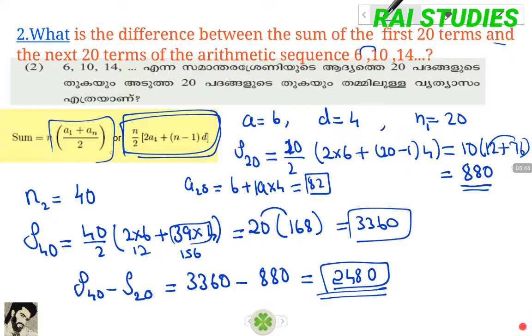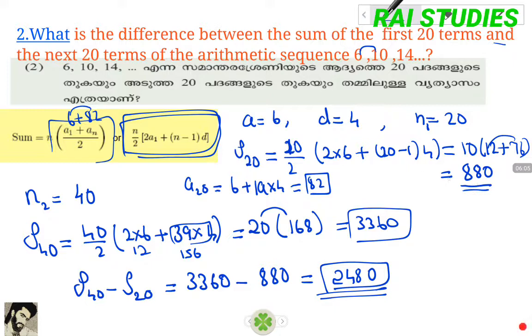So if you compute, the first term is 6 and the last term is 82, you get the same answer: 6 plus 82 is 88 again. 88 by 2 is 44. 44 into 20, you get the same value, 880.